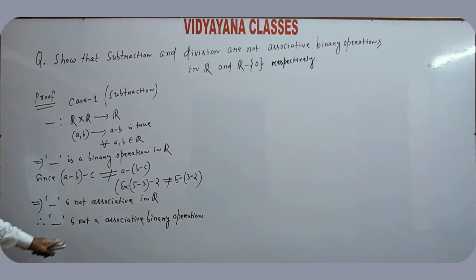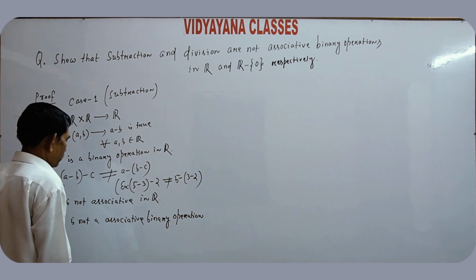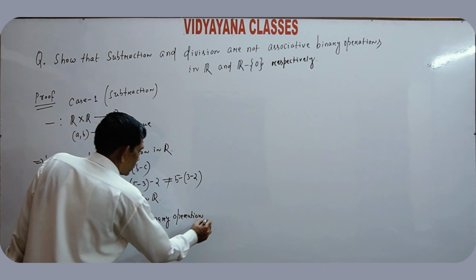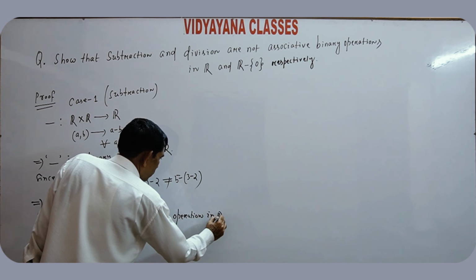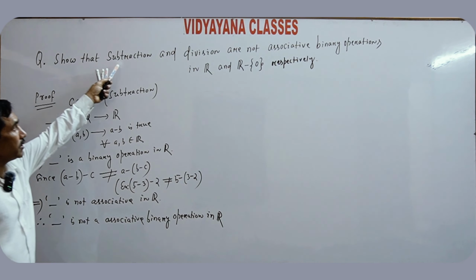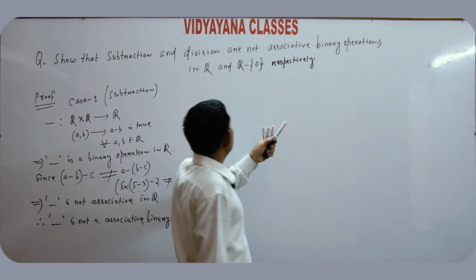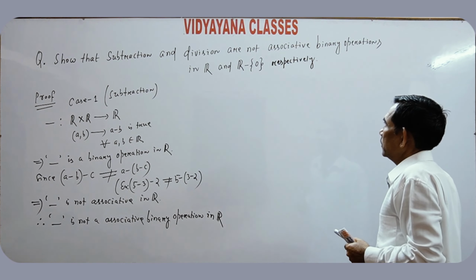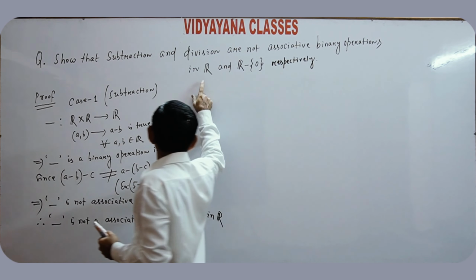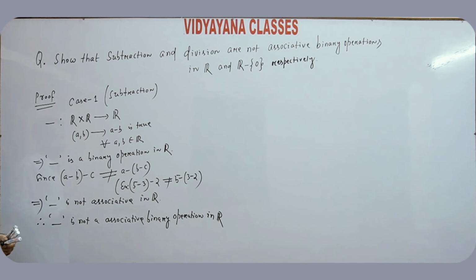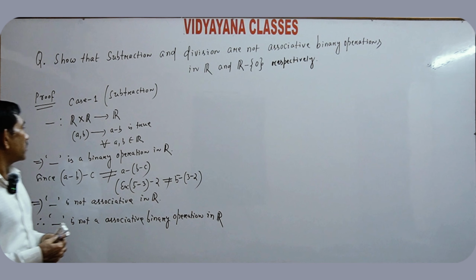Therefore, subtraction is not an associative binary operation in the set of real numbers. Clear? Subtraction is not an associative binary operation in the set of real numbers. Clear? Okay, next case 2.